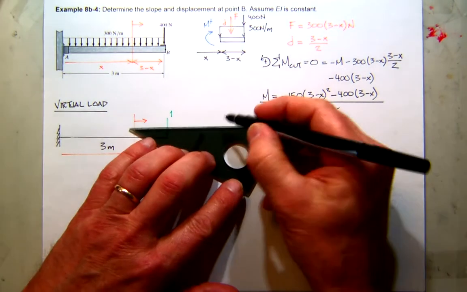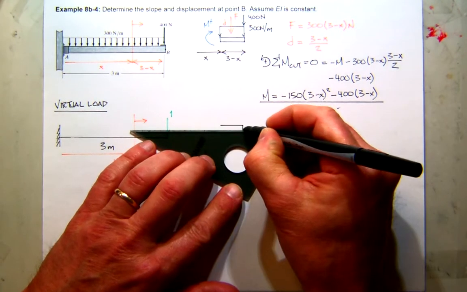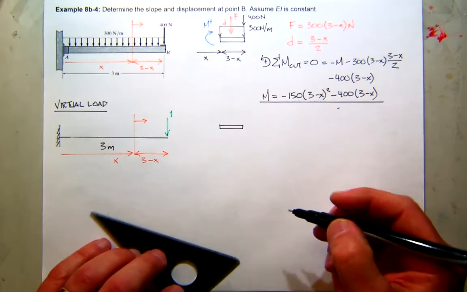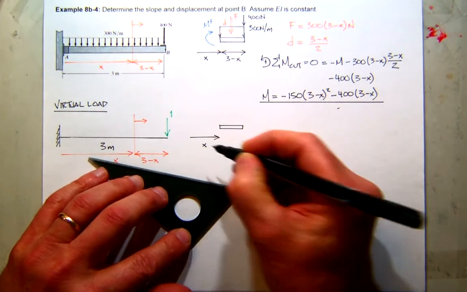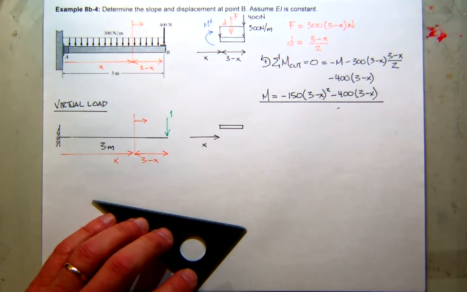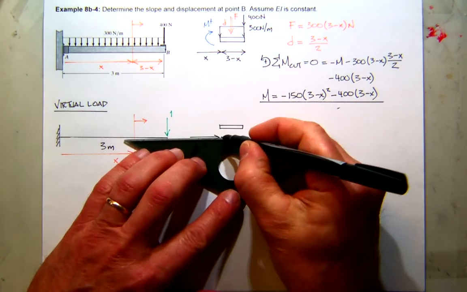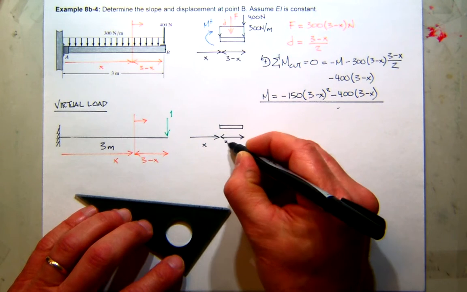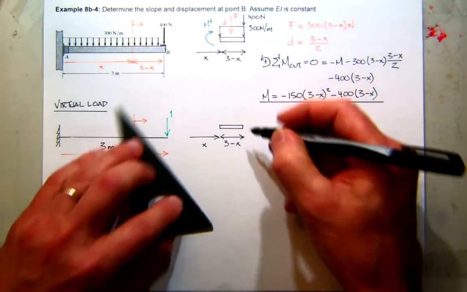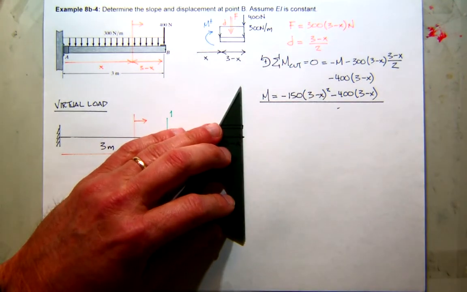So I'll come over here and do the same thing I did before. I'll draw a little section, free body diagram. I know that it's a distance x to the cut, and that leaves the length of my little segment to be 3 minus x. I've got my virtual load here.